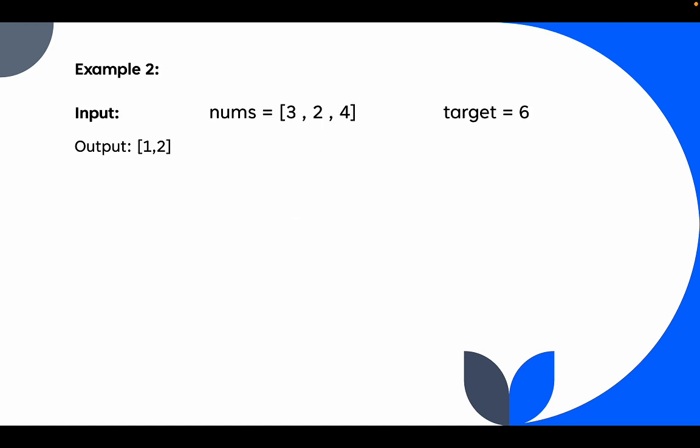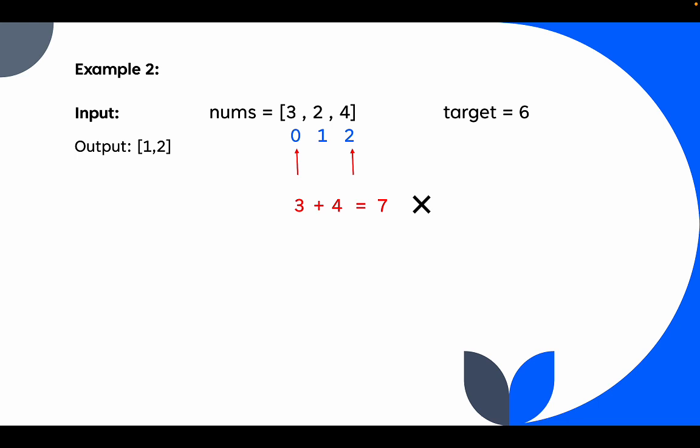For example, I'm going to position my indexes and iterate through each element in the array to find a pair that adds up to the target. First of all, we have these two indexes that correspond to numbers 3 and 2. We know that this is equal to 5 and this is not our target. So I'm going to iterate our second index, and now we have 3 plus 4. This is equal to 7, which again is not our target.